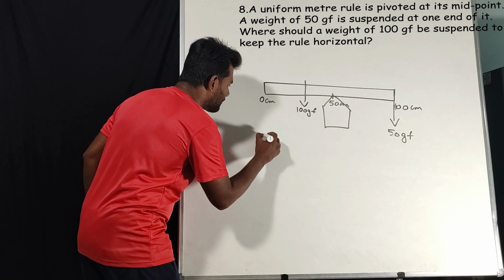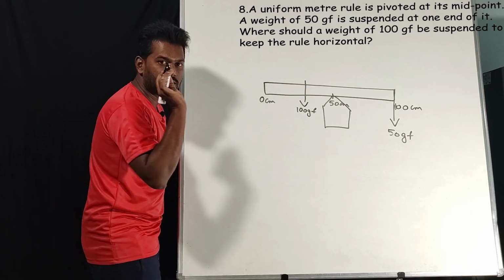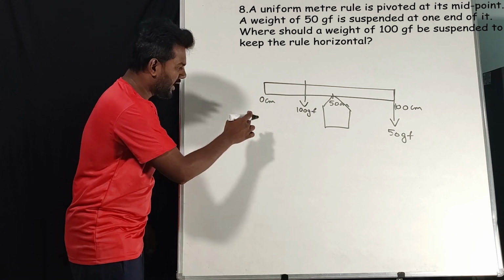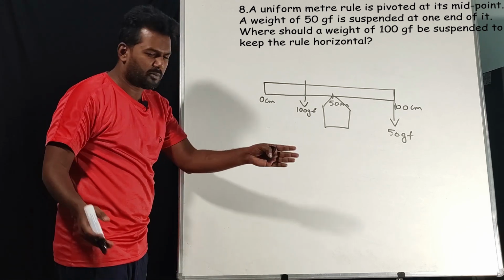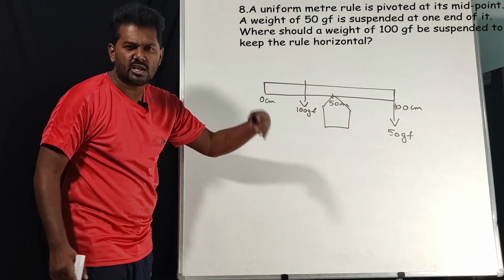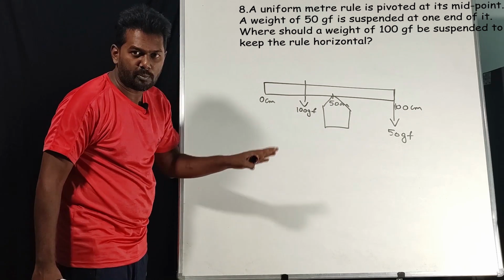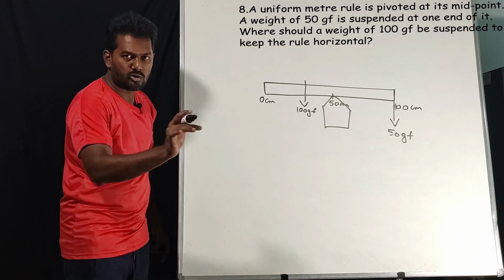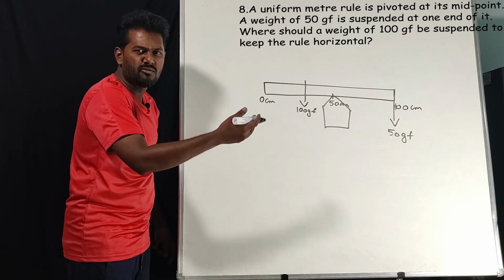Listen, first, this concept is based on the principle of moments, which you have to mention. In the first question, I am going to write the first 2 lines. From the next question onwards, almost all questions are based on this scale only, so I am not going to repeat the 2 sentences which I am going to write now, because that is a waste of time and we would be repeating the same words.